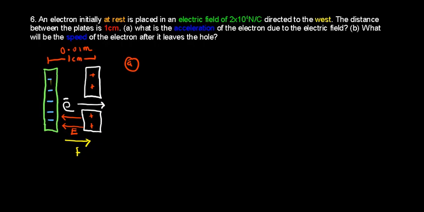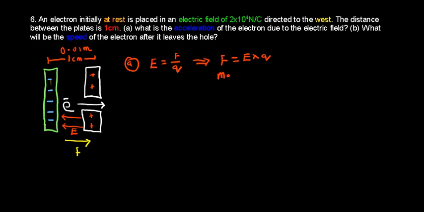E is equal to F over Q. But we know that F can also be equal to electric field multiplied by the charge. And F from Newton's second law is equal to ma, which is equal to E multiplied by Q.